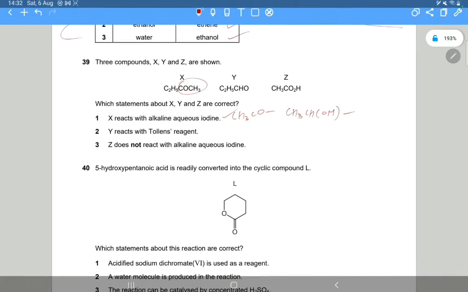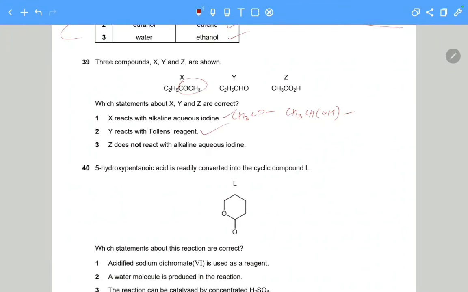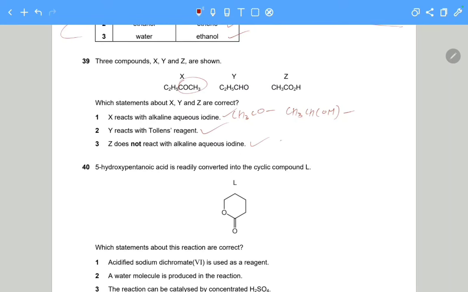Y reacts with Tollen's reagent. This is correct because it's an aldehyde and it reacts with Tollen's reagent. Z does not react with alkaline aqueous iodine. This is also correct because even though we have CH3CO, it's an acid, and remember the acid will react with the alkali in the alkaline aqueous iodine.